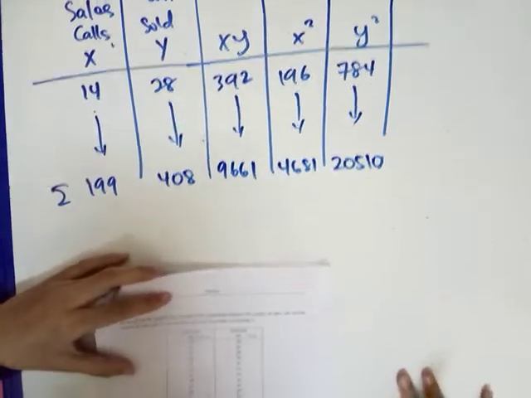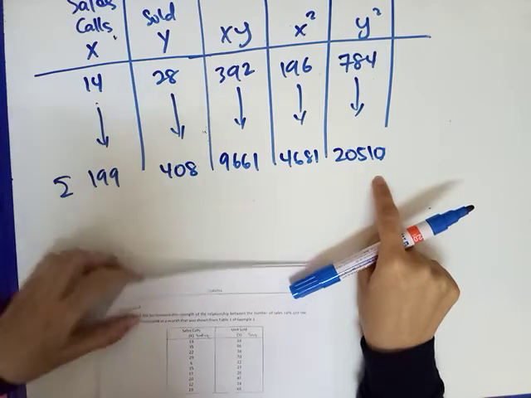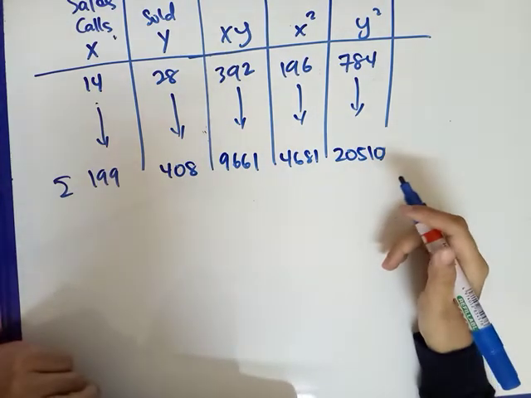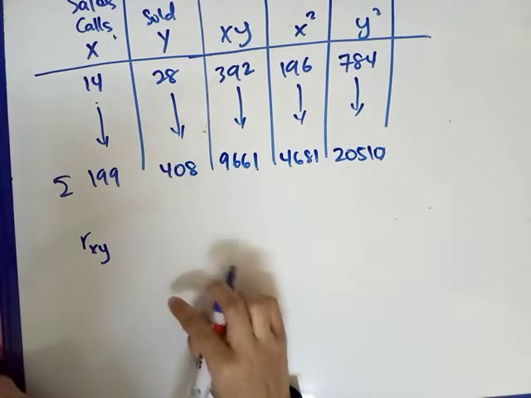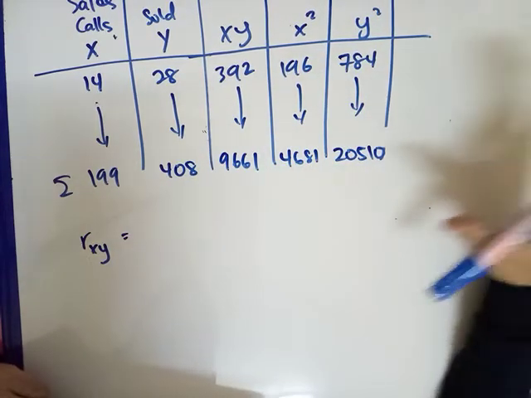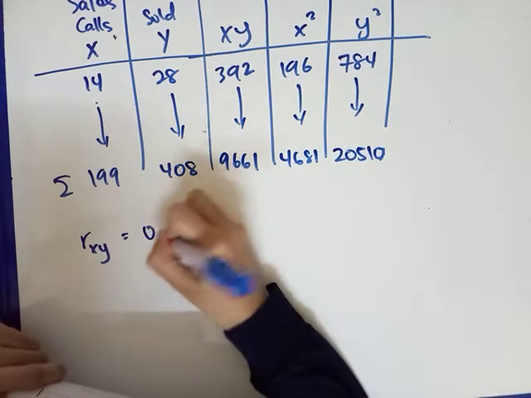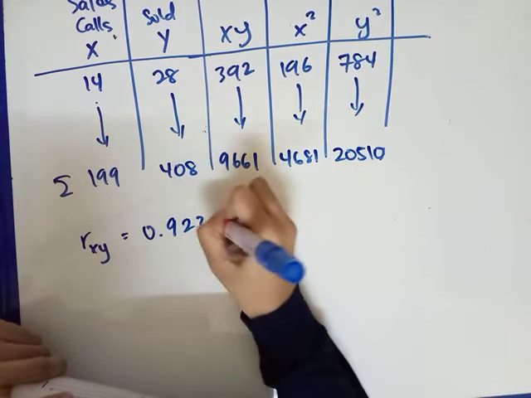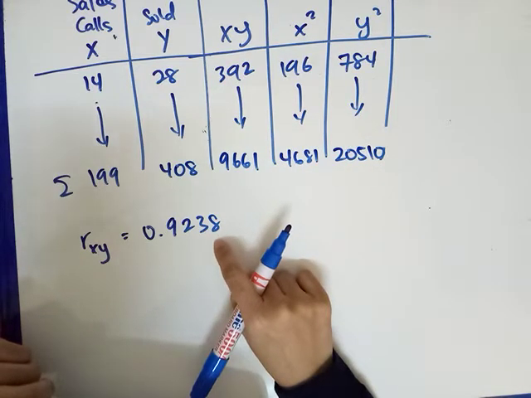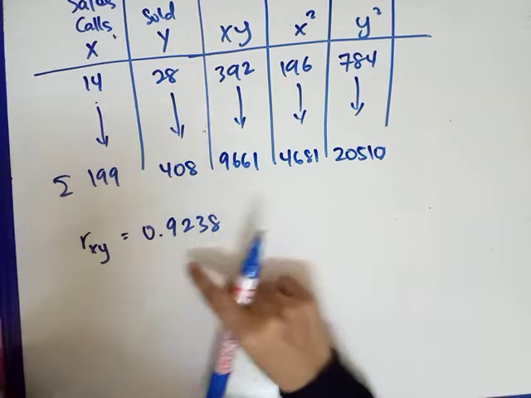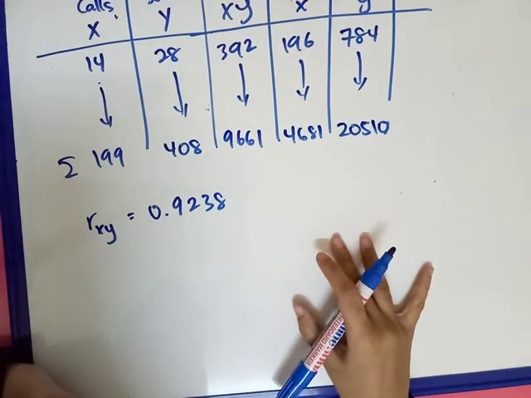After you have calculated these terms, XY, X square, Y square, you need to substitute into the formula for the correlation coefficient, the formula I wrote earlier. You will get the answer 0.9238. Then you need to interpret it. You know that positive 0.9 is a strong relationship.